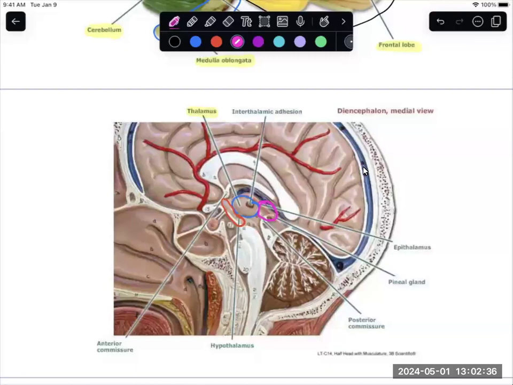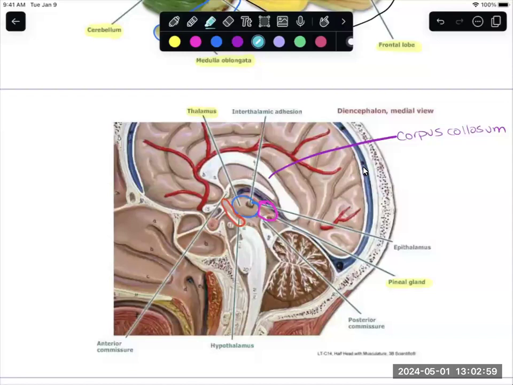So this is that thalamus. This big white portion here is that corpus callosum. In this thalamus, go back up here, we have this pineal gland.